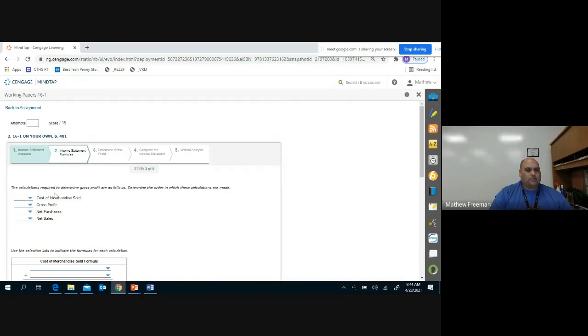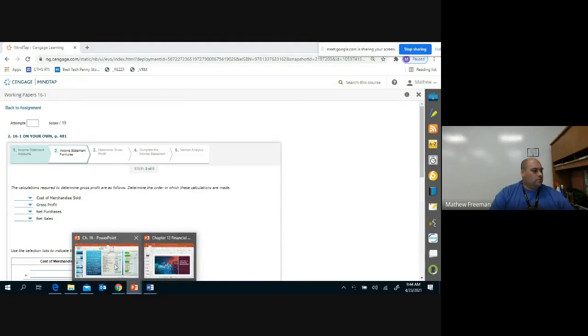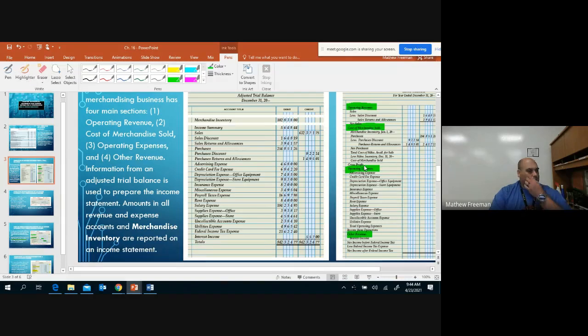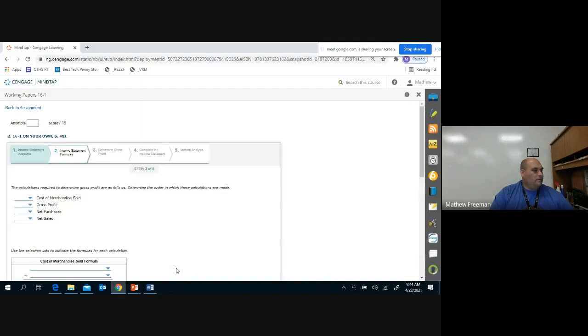Now, the calculations required to determine the gross profit are as follows. Determine the order in which these calculations are made. So gross profit is right here. First, we have our net sales, gross profit.